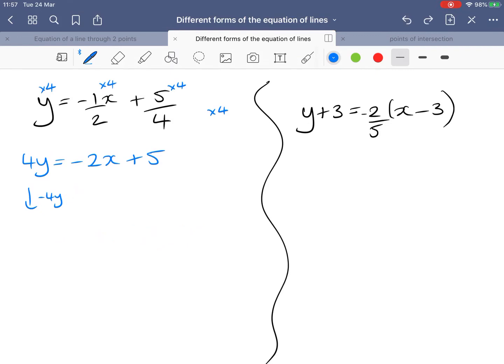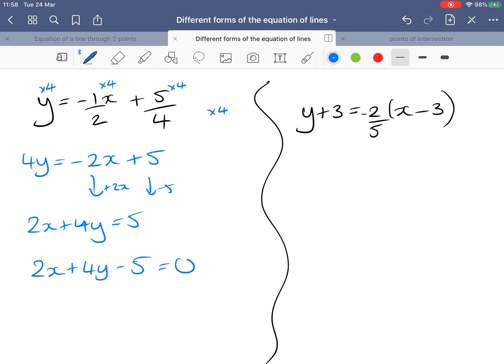So I probably would actually take the 2x to the other side by adding the 2x, and end up with 2x plus 4y equals 5, and then taking away the 5. So you have 2x plus 4y minus 5 equals 0. Both are correct. It doesn't matter which one you do. It's just a personal preference.